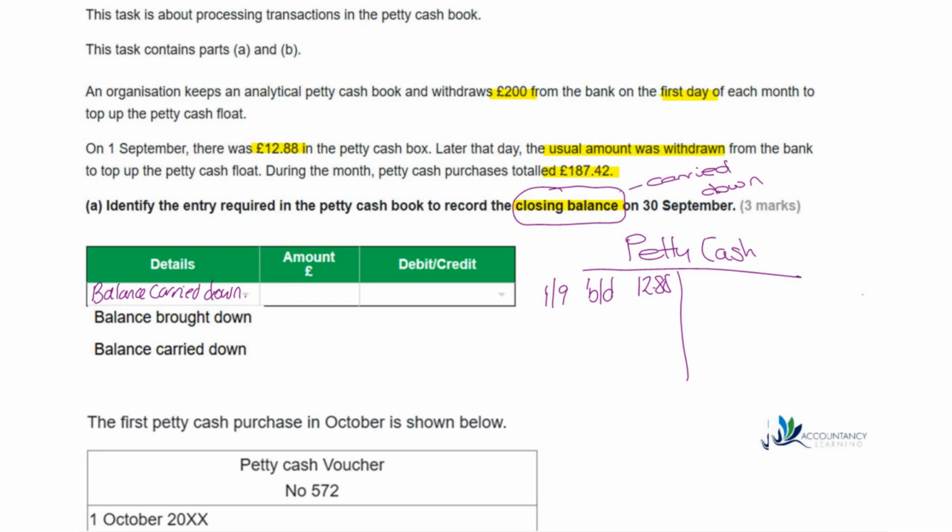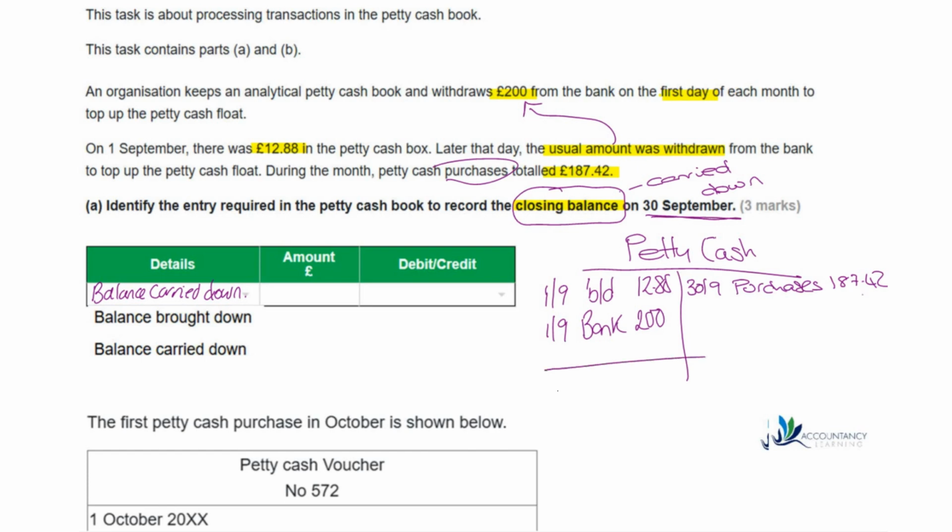Later that day the usual amount, which is this 200 here, was taken from the bank to top up the petty cash tin. And then during the month we had purchases totalling £187.42. So we now need the closing balance on the 30th of September.